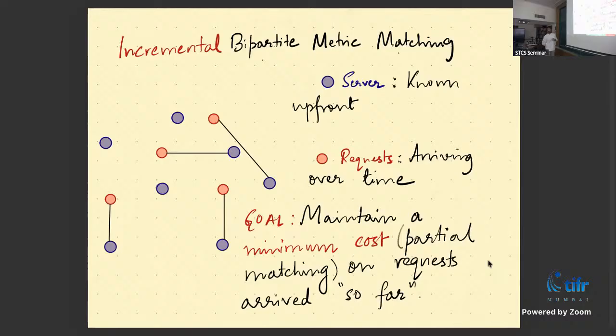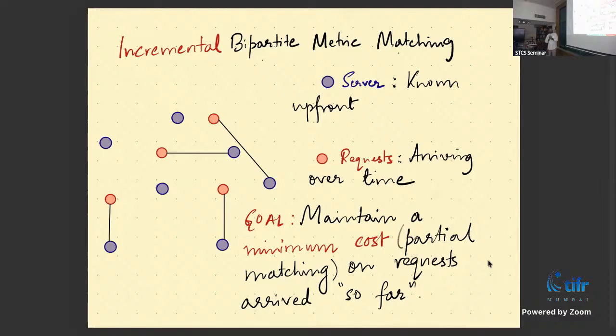Now, what does incremental mean? Well, assume that we are in a more dynamic framework where the blue points, that is the servers, are known upfront, right? But the requests are getting revealed over time. And at each point, I would like to maintain a partial matching on whatever requests have arrived so far. Now, I would like to point out one difference with what is known as the online model of computation.